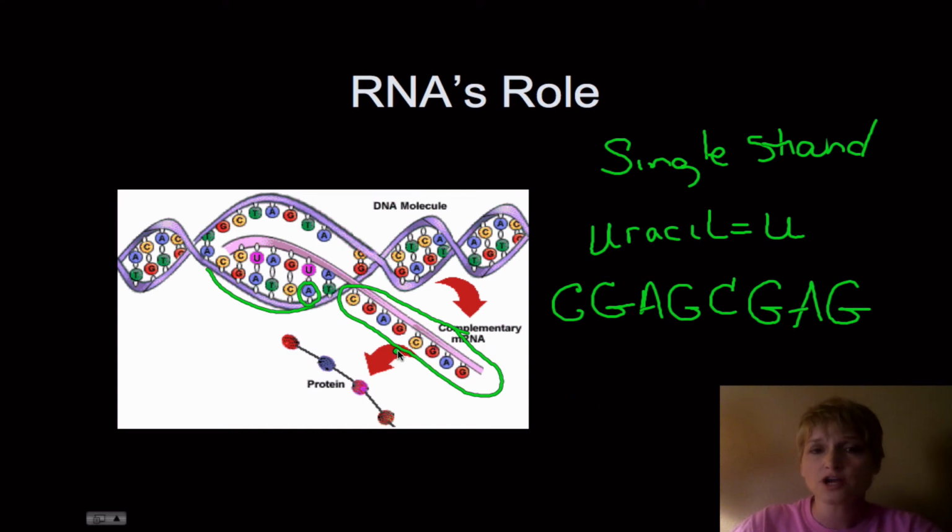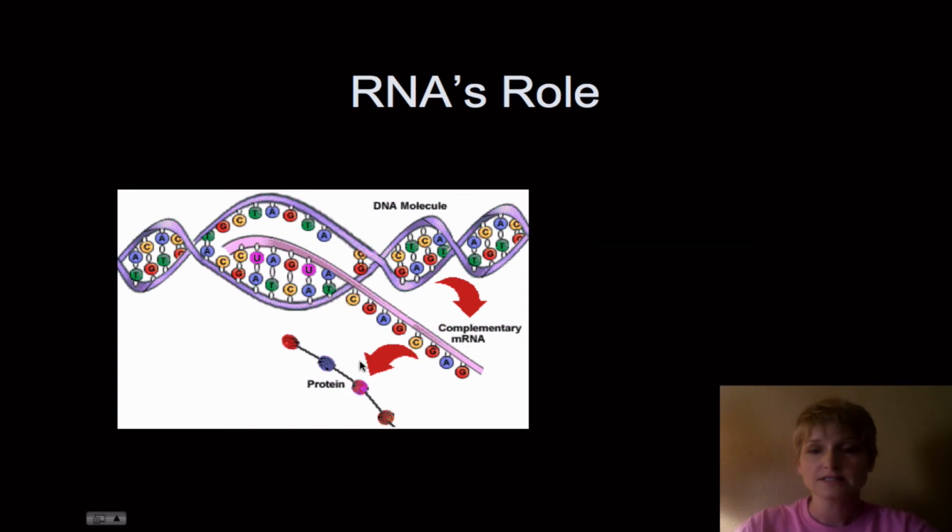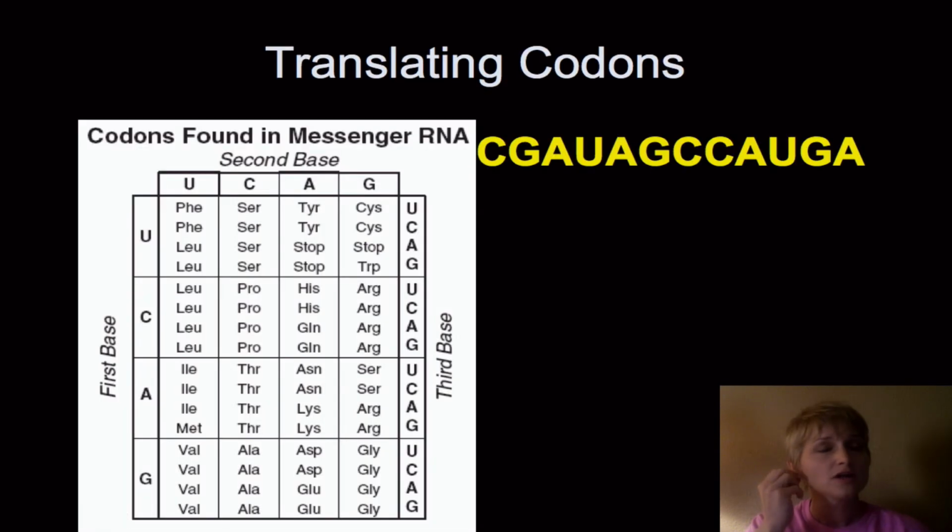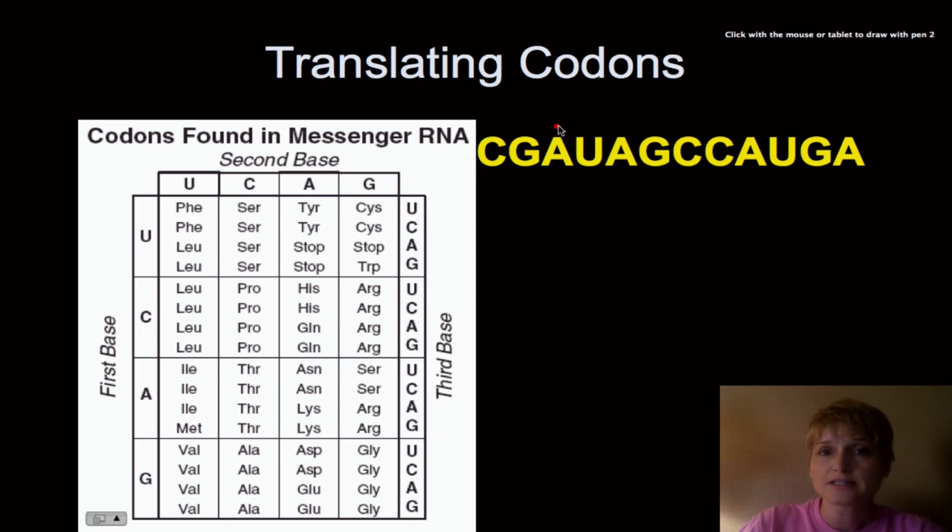And the RNA's job is basically to create a protein. So after that strand of RNA is generated from the DNA, then it's going to create a protein, and it does that by translating that strand. We call it translating codons. A codon is a section of 3.